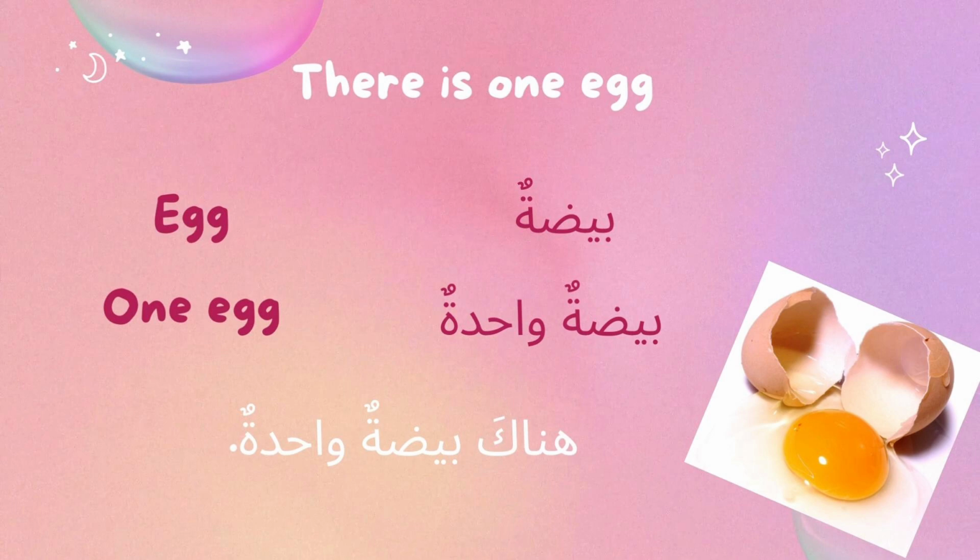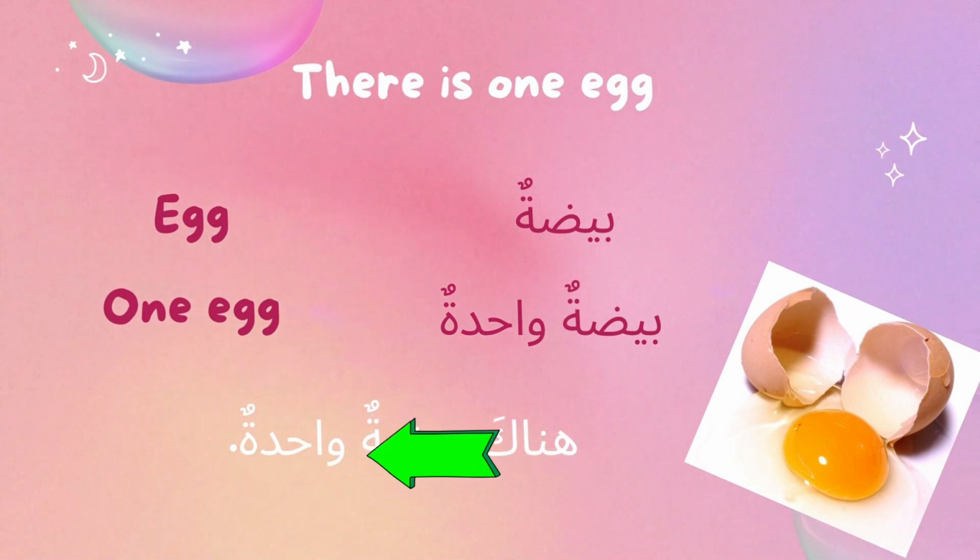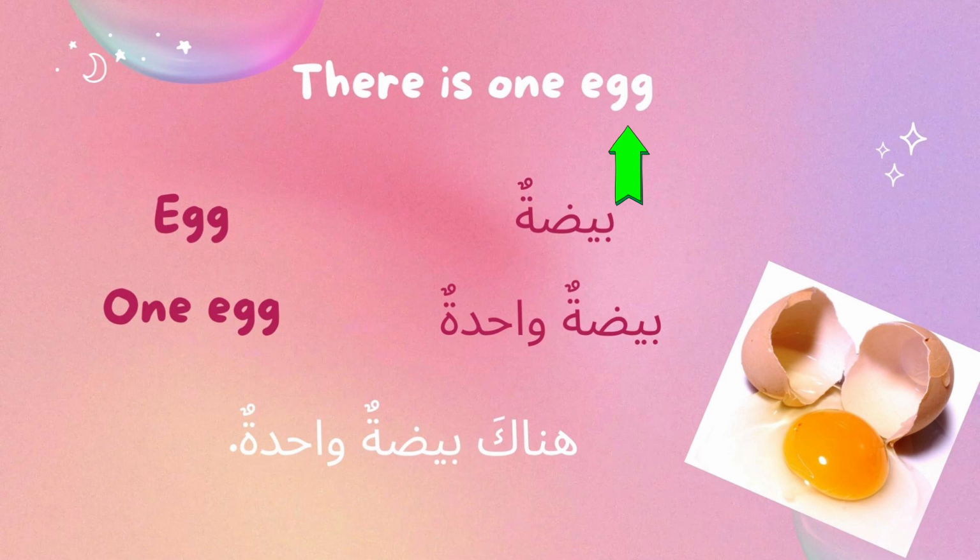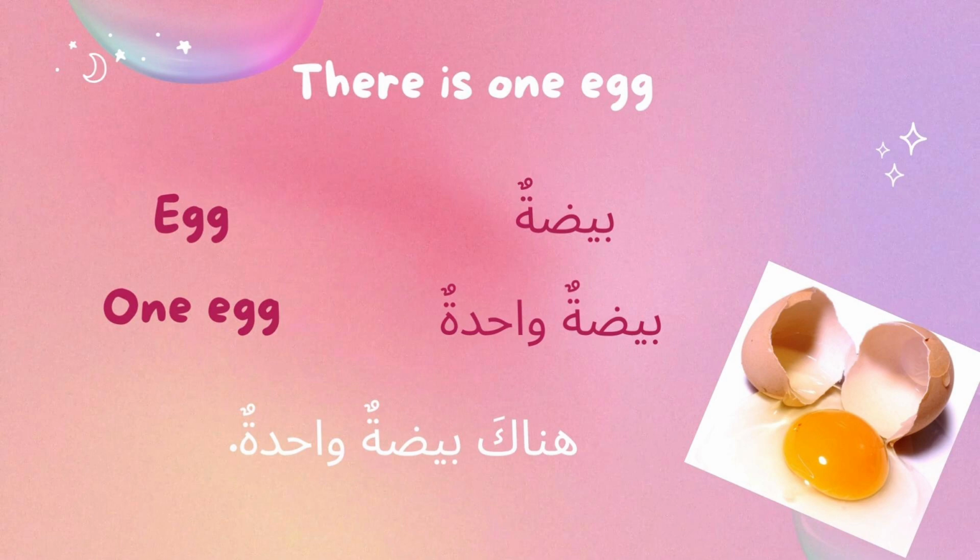If you're wondering why I said واحدة and not واحد, it's because egg is a feminine noun. And feminine noun is gonna go with the feminine number.